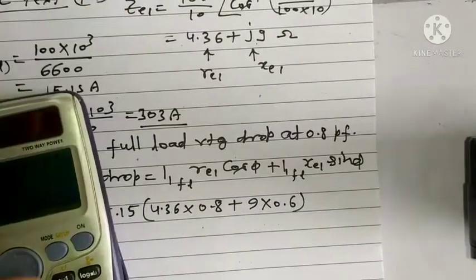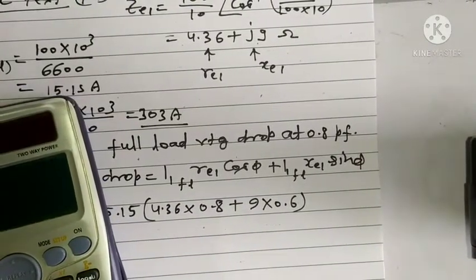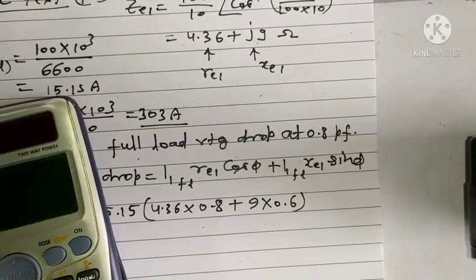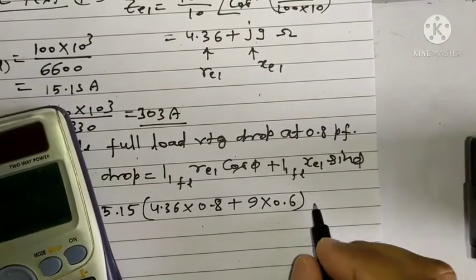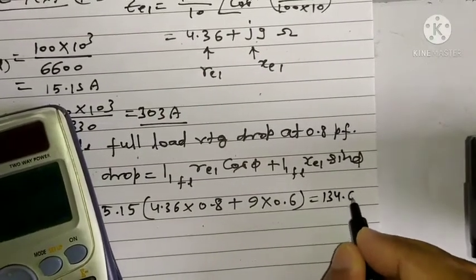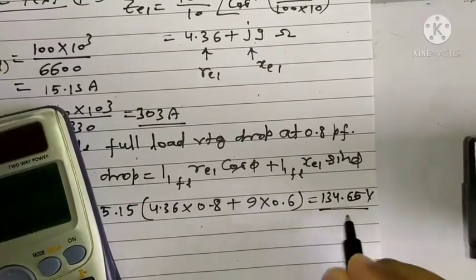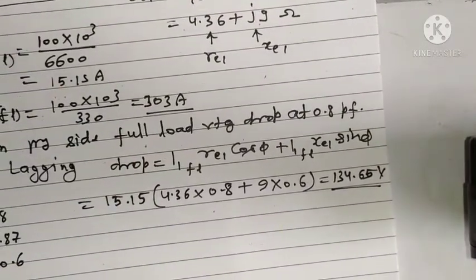So if you do this calculation, 15.15 bracket 4.36 into 0.8 plus 9 into 0.6, it comes as 134.65 volts. So the drop on primary side is this much.